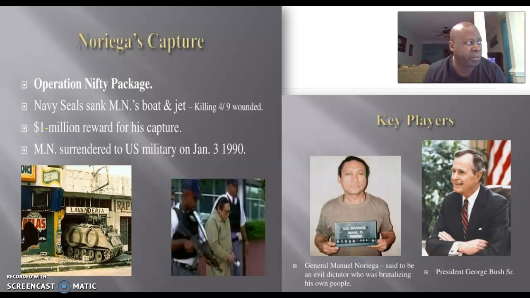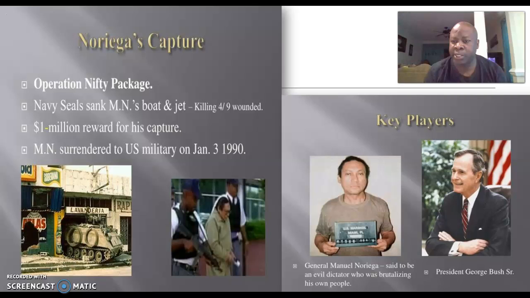The operation to capture Noriega was called Operation Nifty Package, in which the Navy SEALs and other military units pretty much isolated Noriega so that he could not leave the island, by sinking his boat and destroying his jets. And there was also a $1 million reward for his capture.